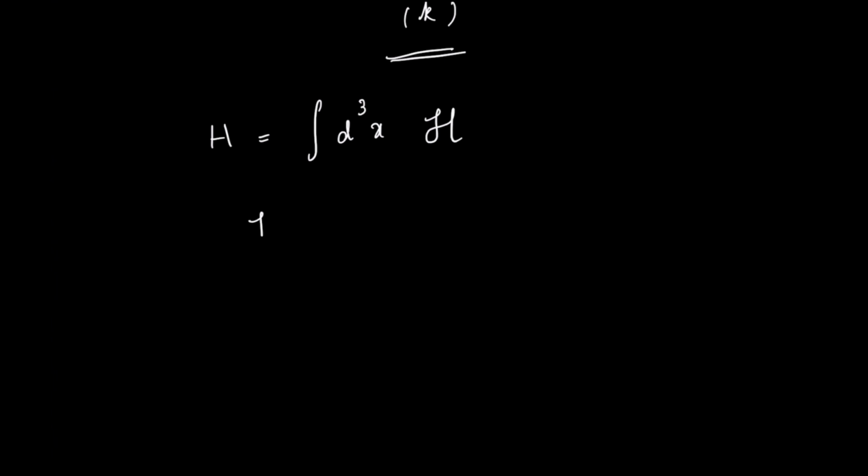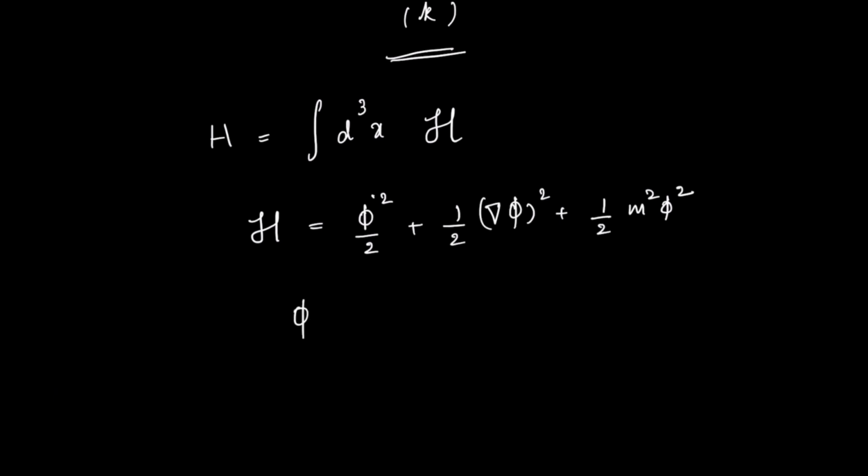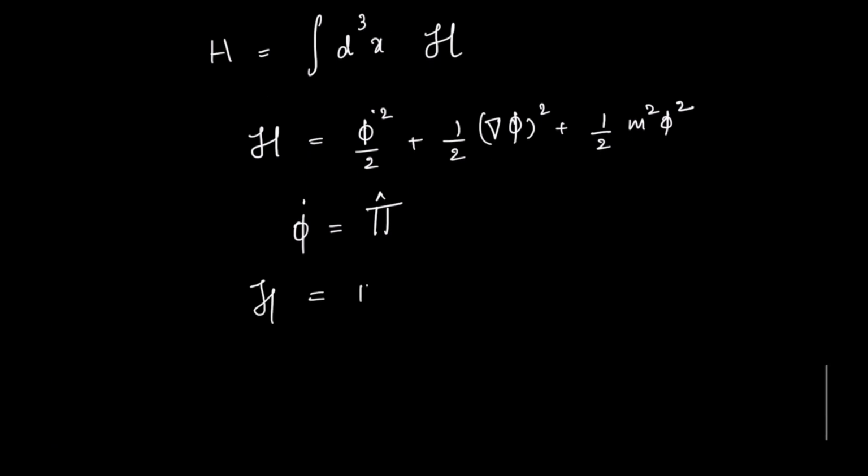So here we have defined the Hamiltonian density as phi dot square by 2 plus half gradient of phi square plus half m square phi square, and phi dot is the canonical momentum pi. So I can replace in the Hamiltonian density and I can write pi square by 2 plus half m square phi square.